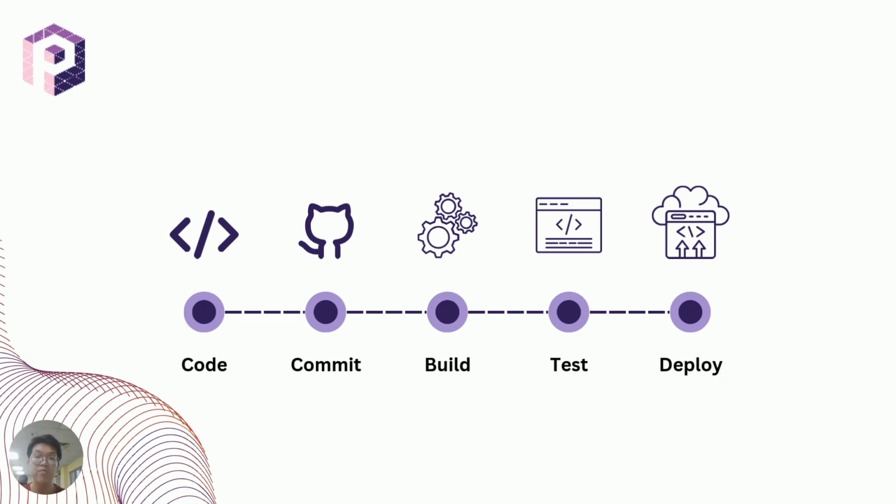The pipeline will be triggered and run to build and run the test cases, if applicable. If the test cases pass, it will deploy to the server or Docker, etc. Otherwise, the software developer needs to fix the issue, then recommit and push again until the changes are deployed to the server.